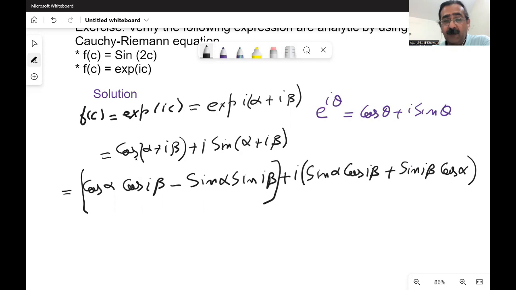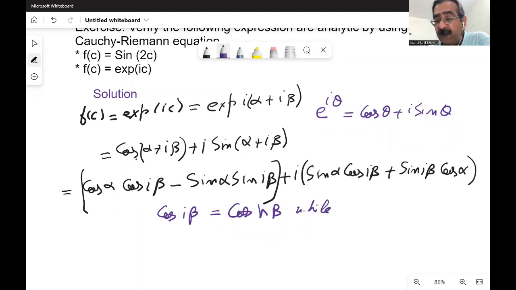Okay. So as we know that cos iβ is cos hyperbolic β, while sin iθ is not sin hyperbolic, but here i will become sin hyperbolic θ.